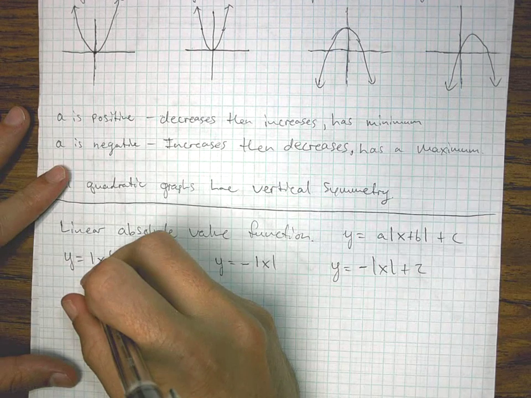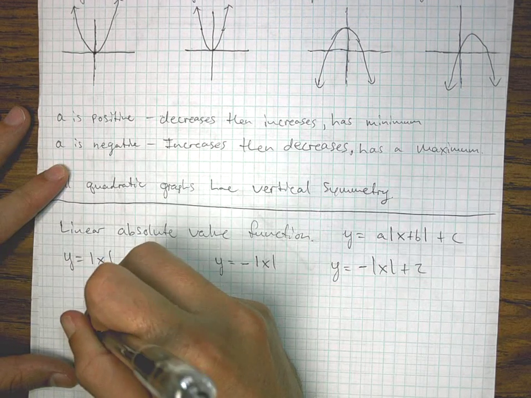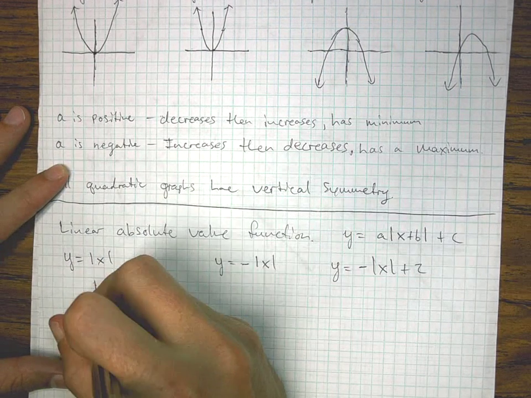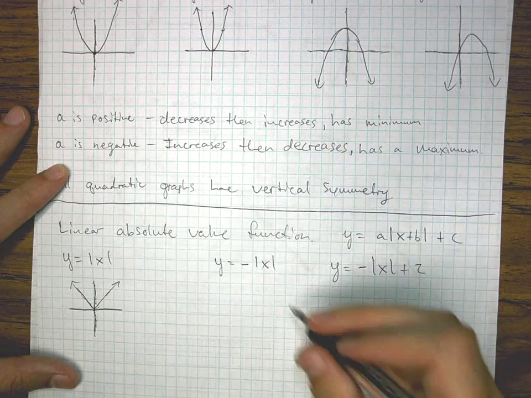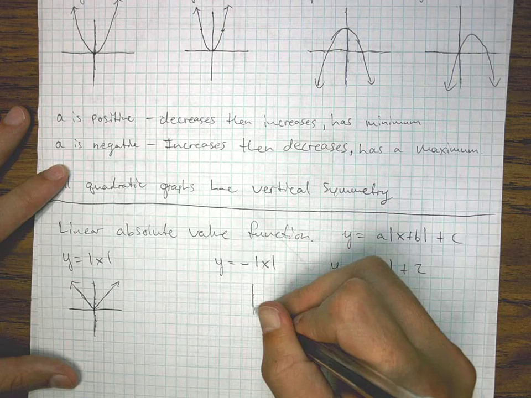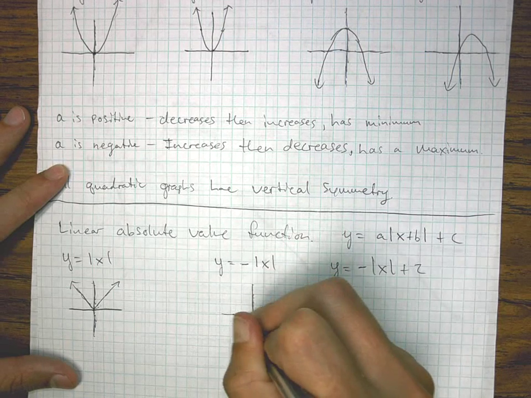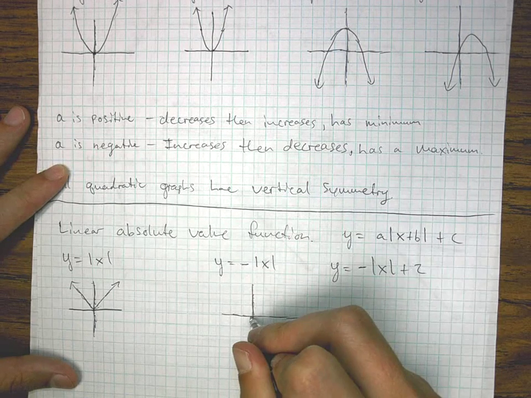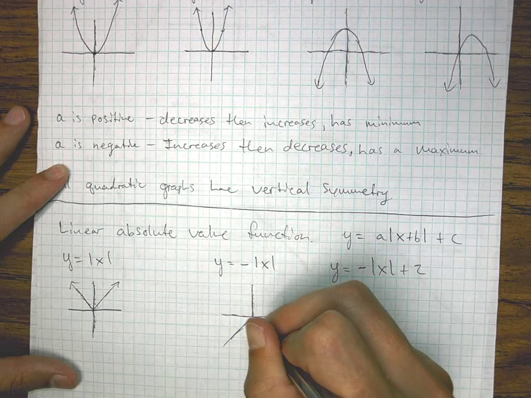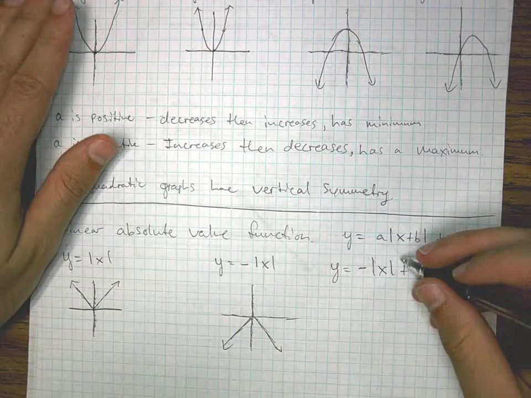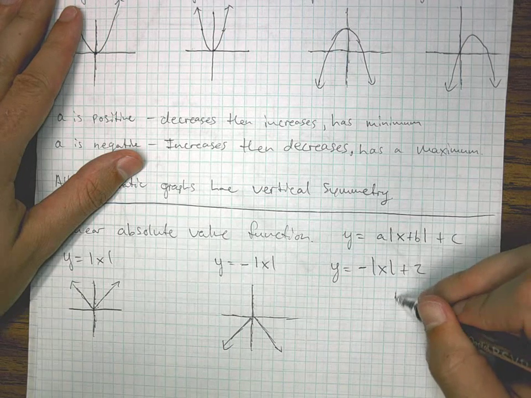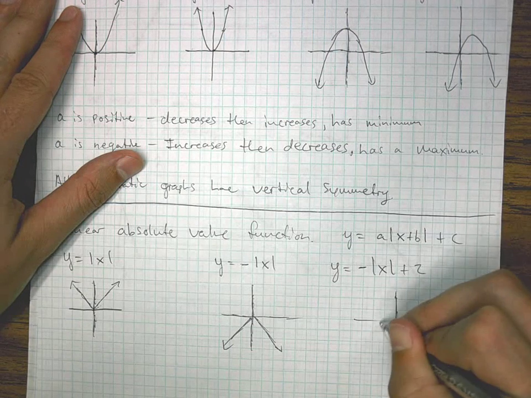So this first function is the V-shaped graph that we've seen before. For this function, because there's a negative in front of the absolute value signs, the V-shape goes down. And this one looks real similar, just with a slight shift.